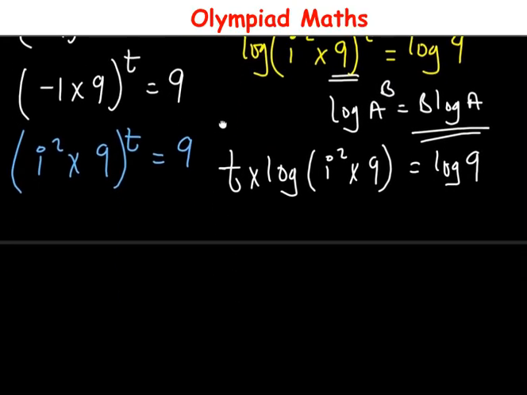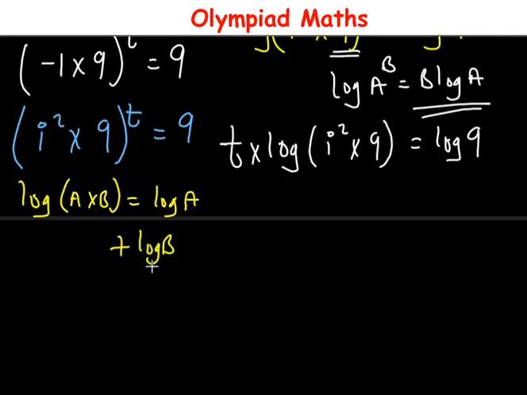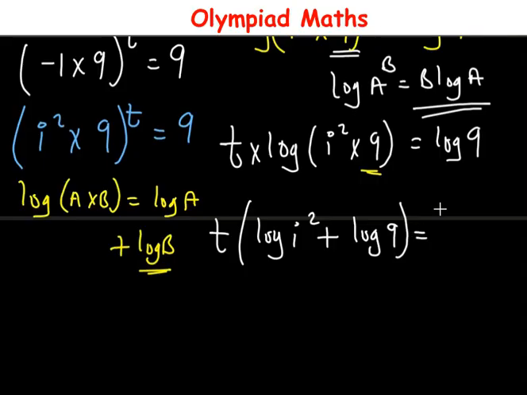With this, we can then apply this rule of logarithm also, that if you have log of (a times b), this equals log a plus log b. Applying this right here, what we then have is t times (log of i squared plus log 9) equals log of 9.